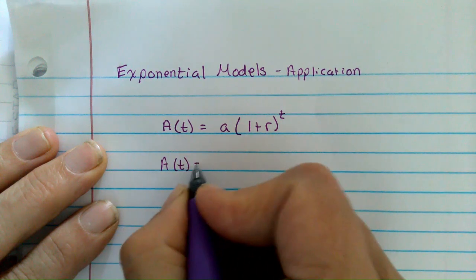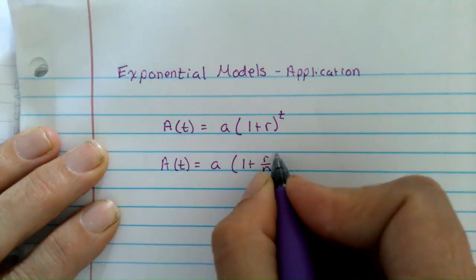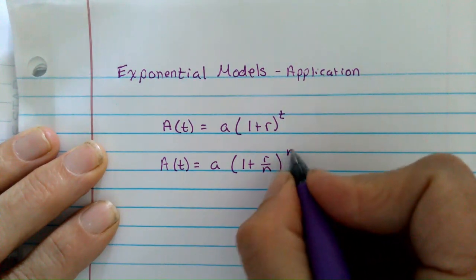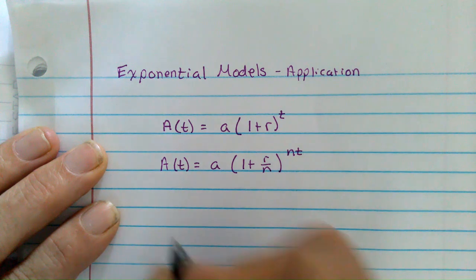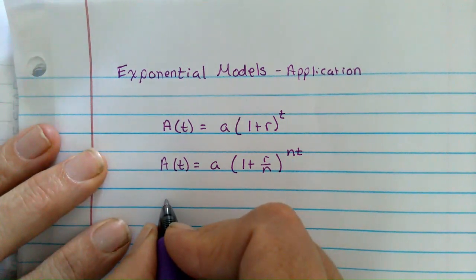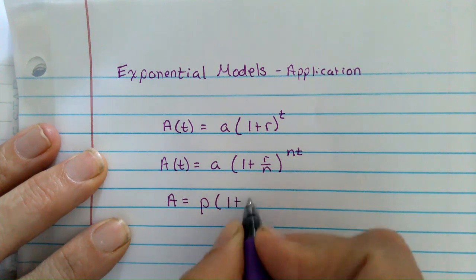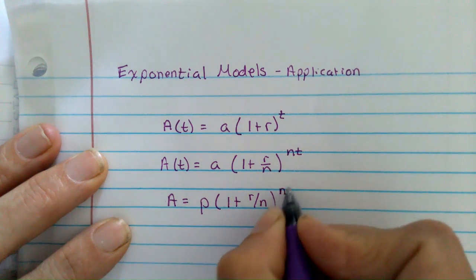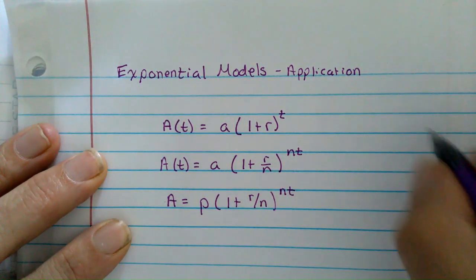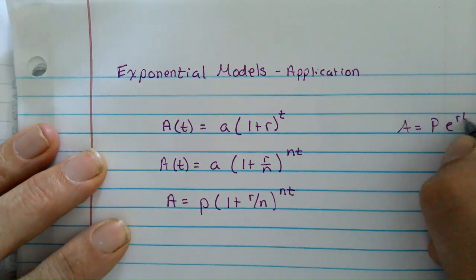A of t equals a(1 plus r over n) to the nt. And you might have seen A equals P(1 plus r over n) to the nt. And then over here, you might have seen one that's going to be a little bit different.